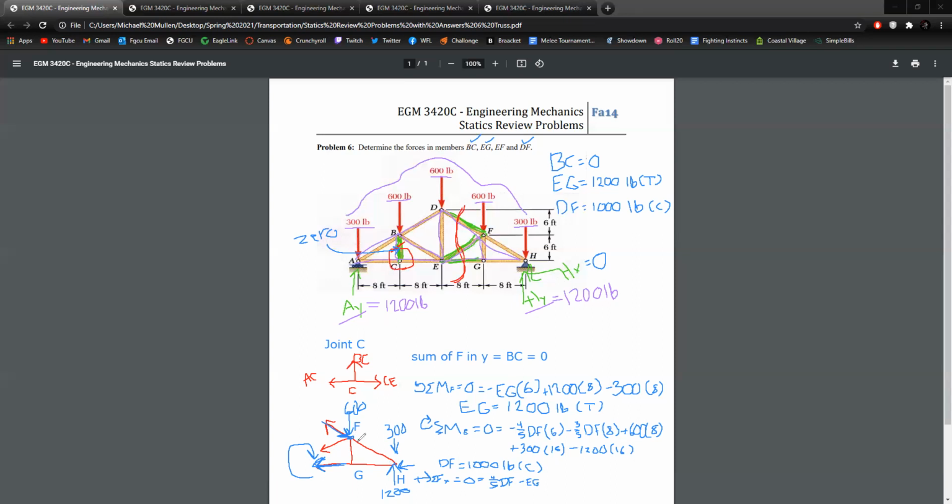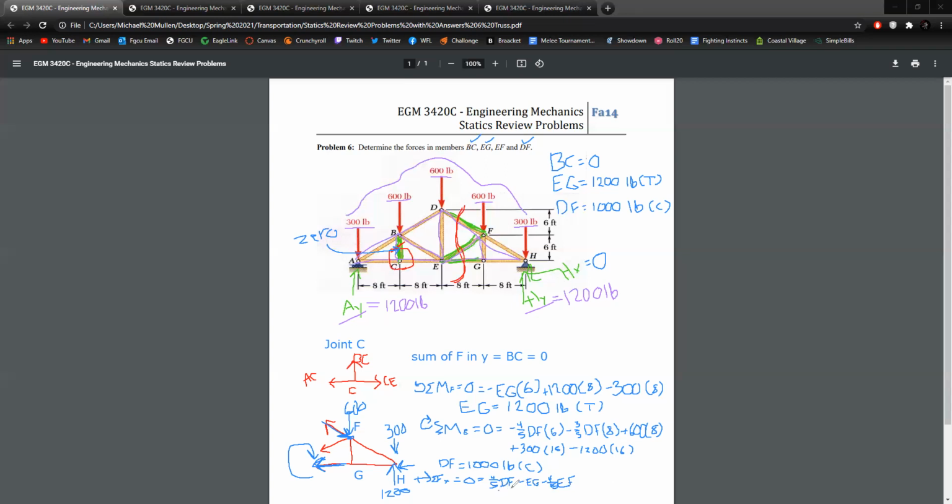And then we will have assumed tension for EF, so we'll say minus, same ratio as DF, minus 4/5 EF.